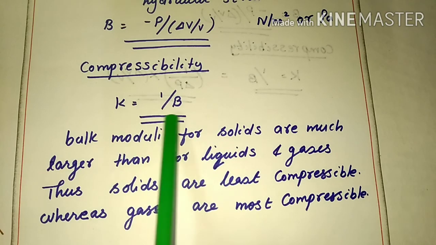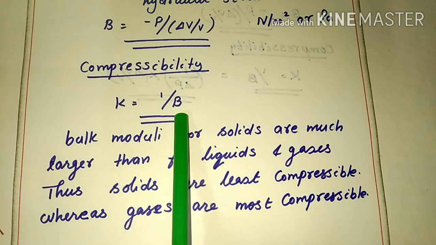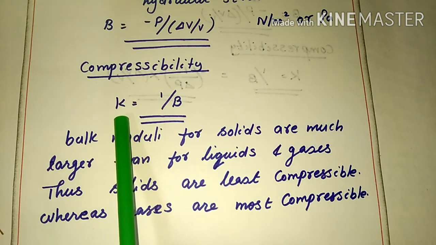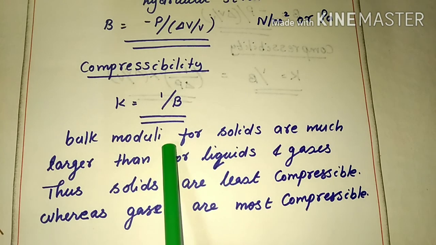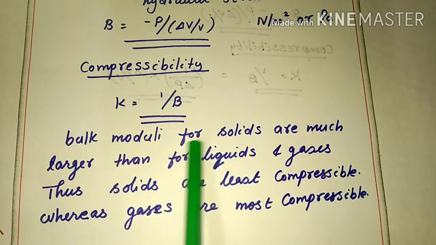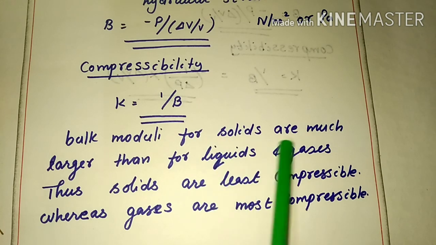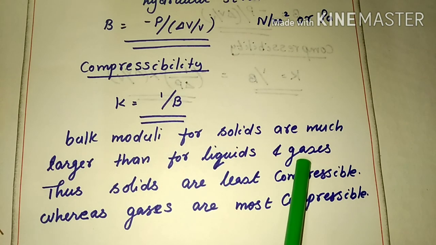The reciprocal of the bulk modulus of elasticity is known as the compressibility. When bulk modulus increases, compressibility decreases. Solids have larger bulk moduli, so they are the least compressible; we cannot compress a solid easily. The bulk moduli of solids are greater than those of liquids and gases.